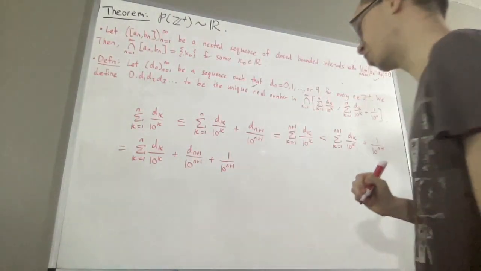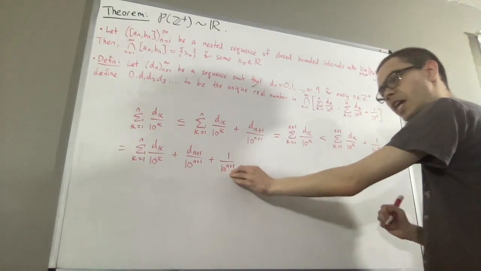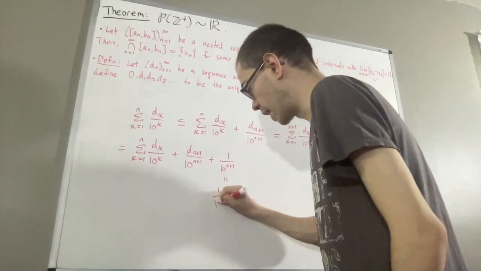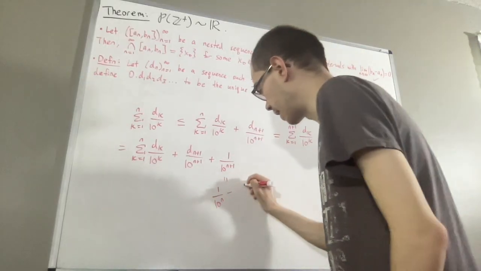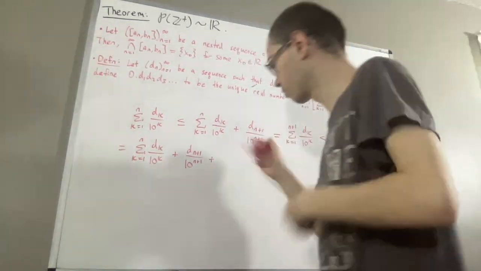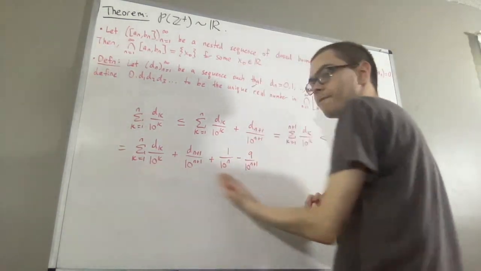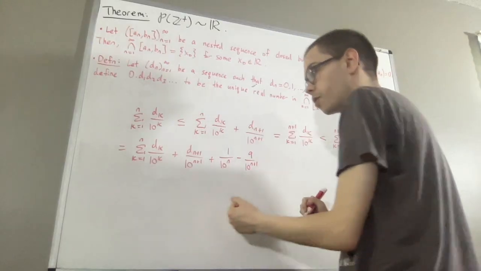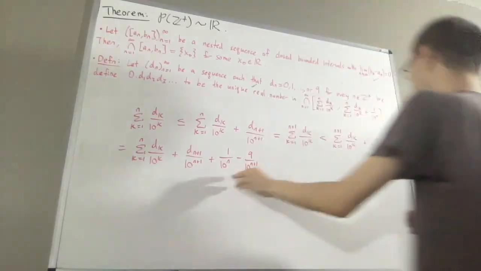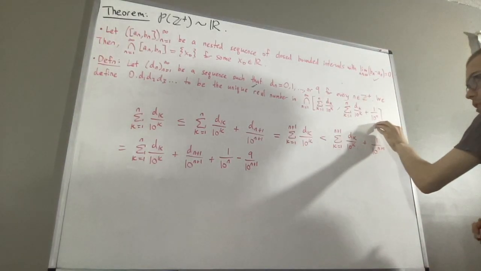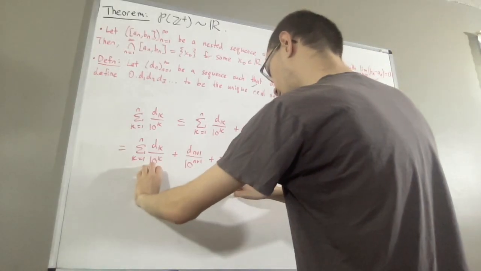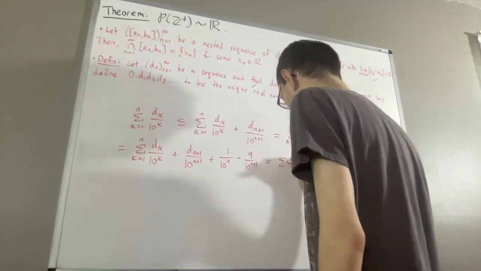The next thing we're going to do is re-express 1 over 10 to the n plus 1 as 1 over 10 to the n minus 9 over 10 to the n plus 1. So we have this. But then, notice, these two terms right here are precisely the right endpoint of the nth interval. So I'm going to group these two guys together and group these two guys together.